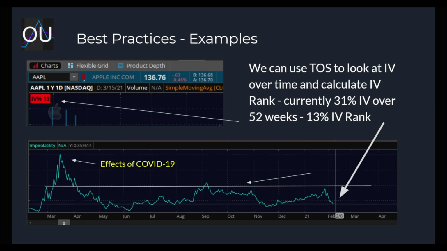This essentially says that you have a 13% chance that the volatility will be below this value over the next period. That means that roughly only 13% of the past has been lower volatility than today.